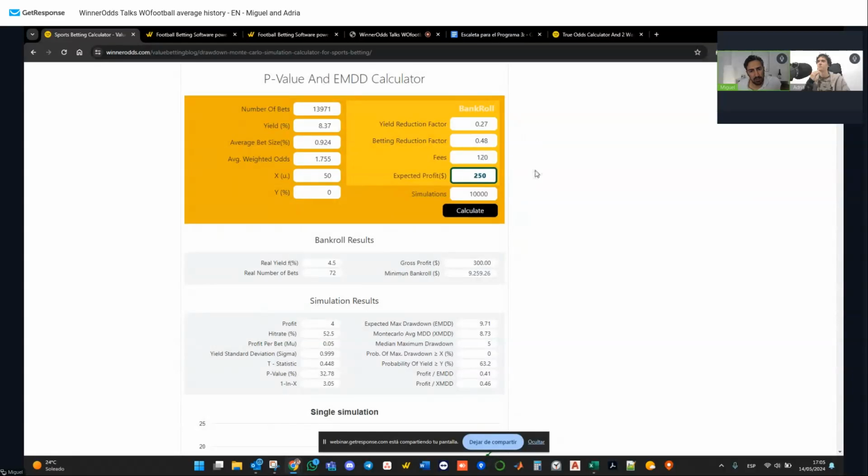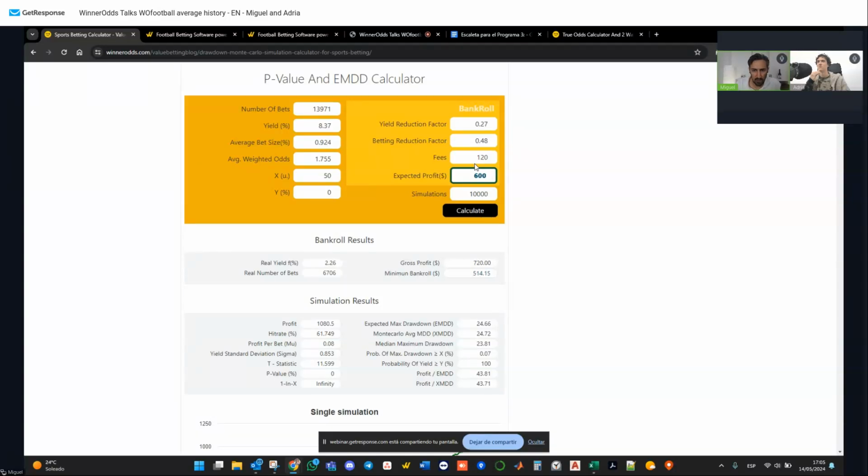Okay, so which are the fees? 120 per month. Which is the expected profit? More or less, the normal figure is 5 times the fees or 6 times the fees. So I will place 600 euros on average of net profit, so without fees. Then I calculate this, and what I obtain, I have to pay the fees for 1 year, sorry.